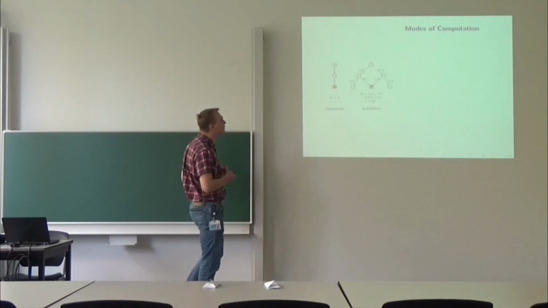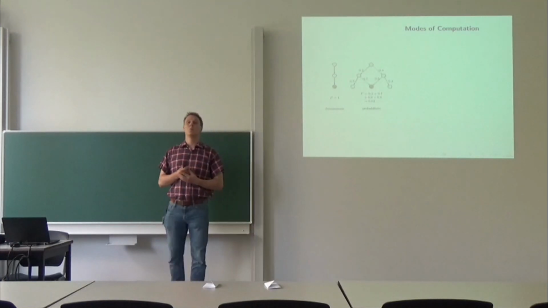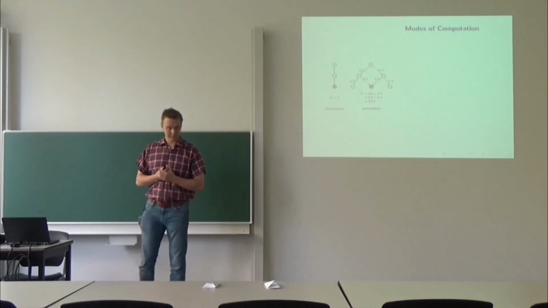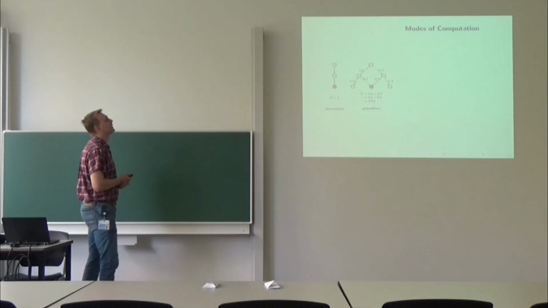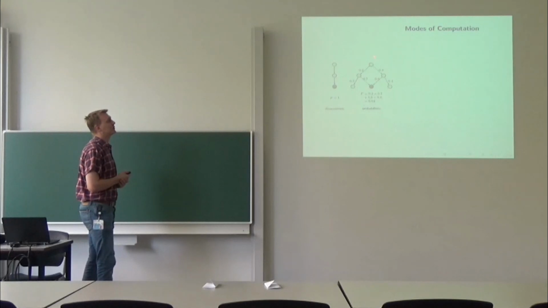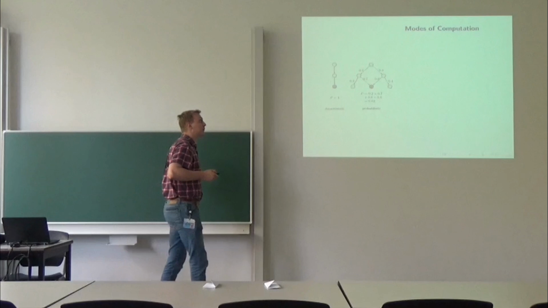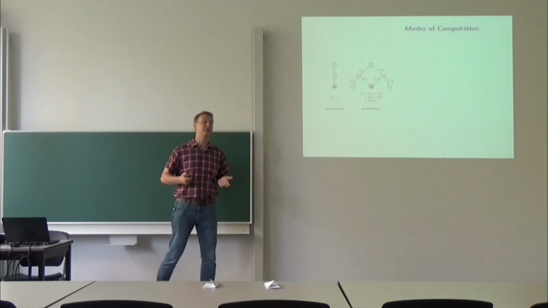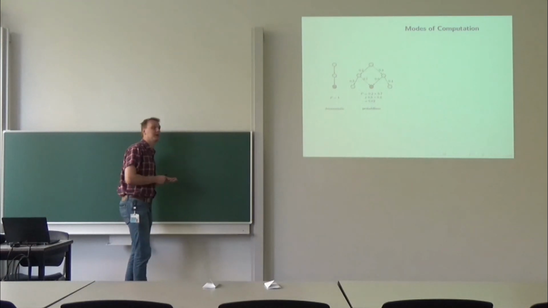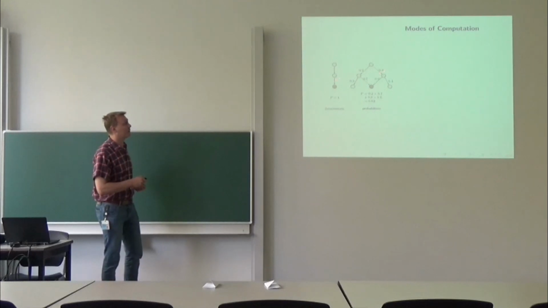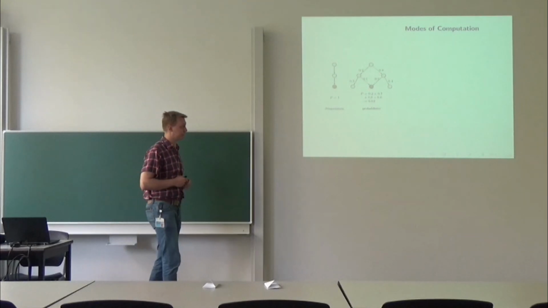Stuff gets a little more interesting when we get probabilistic. So in this case, in the first step, the state takes a right branch with probability 0.2 and takes a left branch with probability 0.8. Notice how the probabilities must always sum to 1.